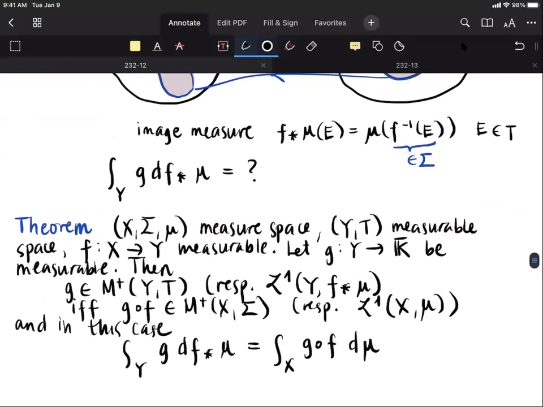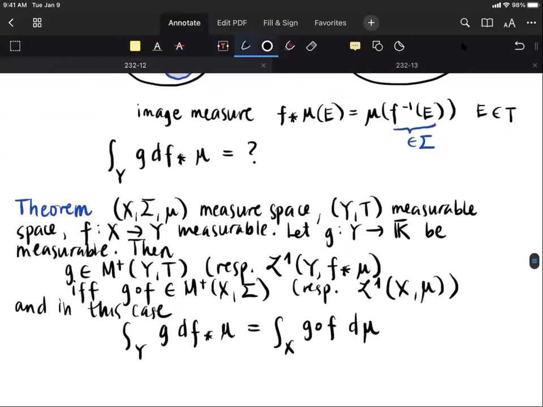So this is the integral over the image measure. We integrate with respect to the measure mu, but we just apply it to the composition of g and f.